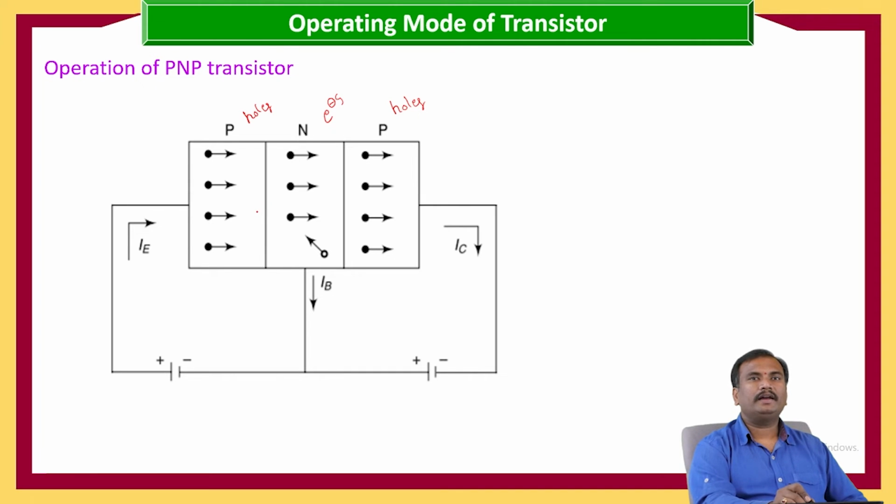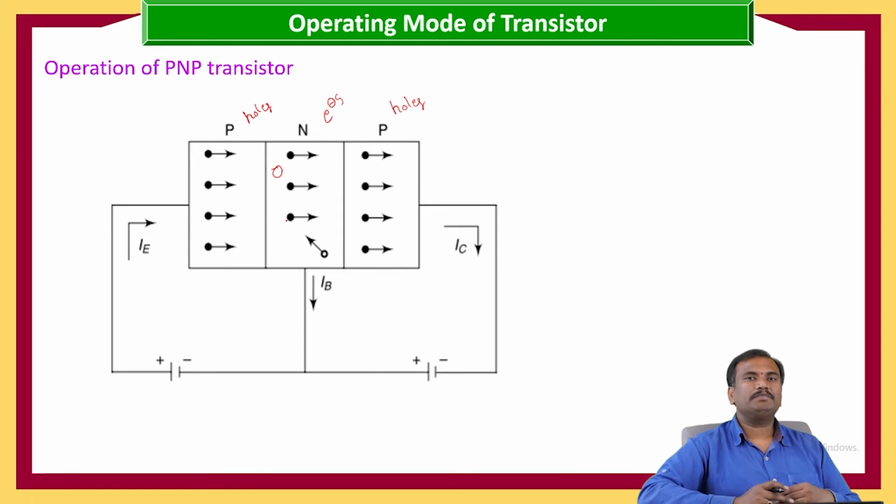So when the conduction is taking place, the holes are there in the n type, and these holes will recombine with the electrons available in the base layer. After recombining, because the base layer is lightly doped, most of the holes will be free.